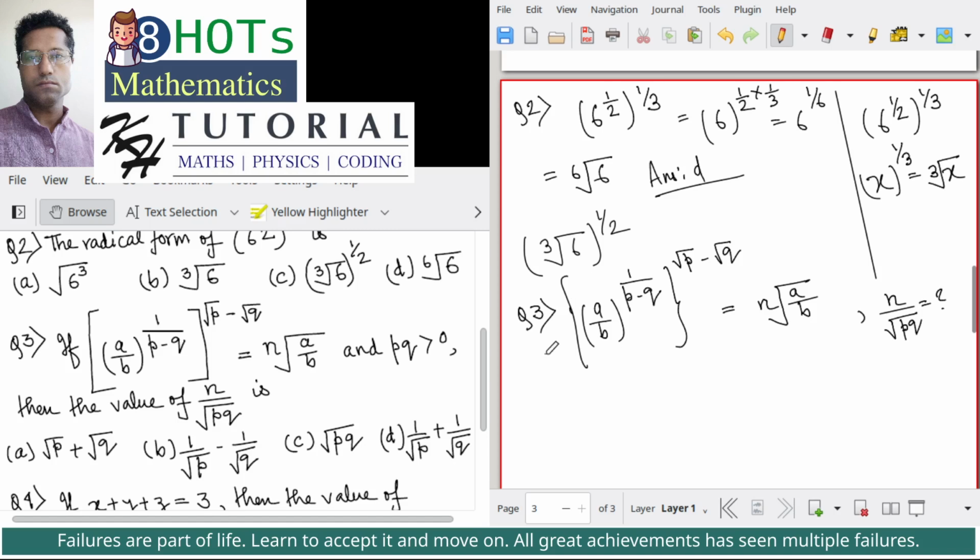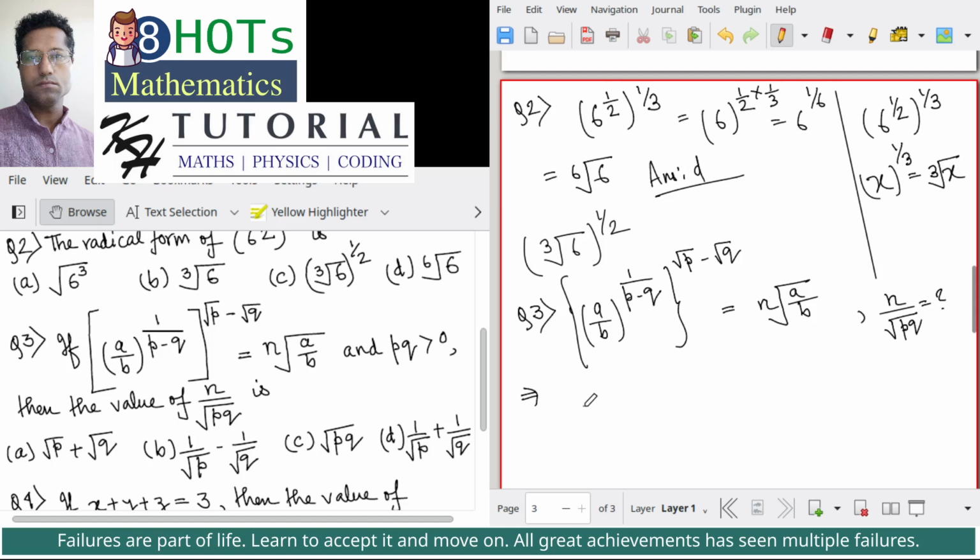Now let's simplify the left hand side of the given equation. We have to somehow find n in terms of p and q. The right hand side is nth root of a by b, so we have to express the left hand side as some root of a by b. That is, we have to express the LHS as a by b as the base, raised to the power in the form 1 by m.